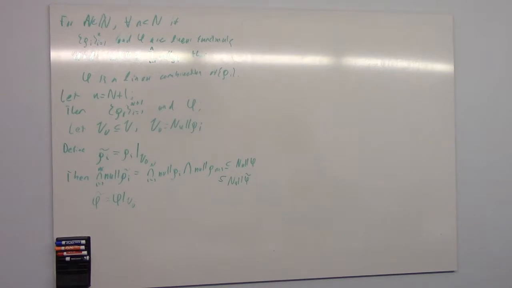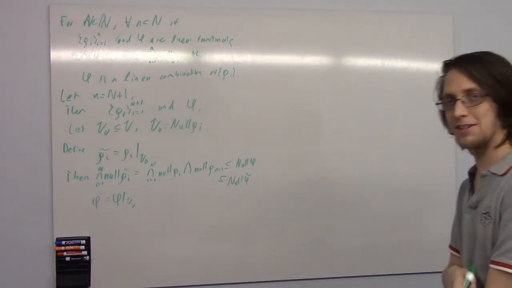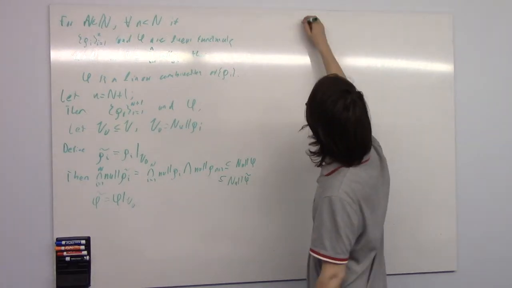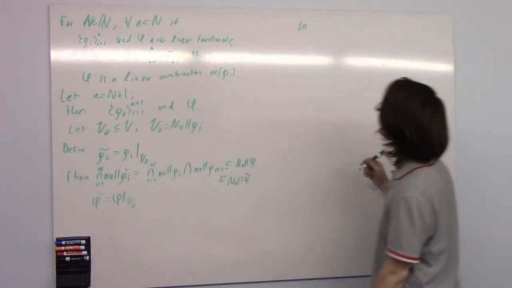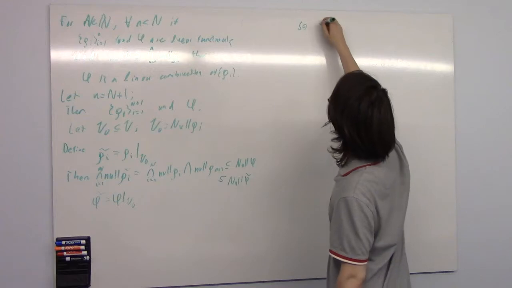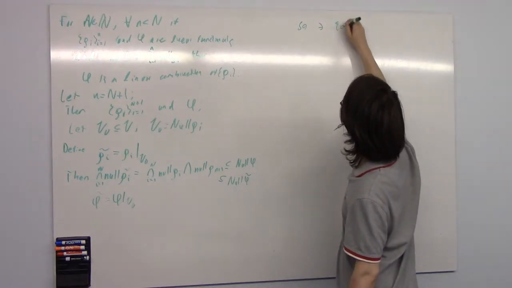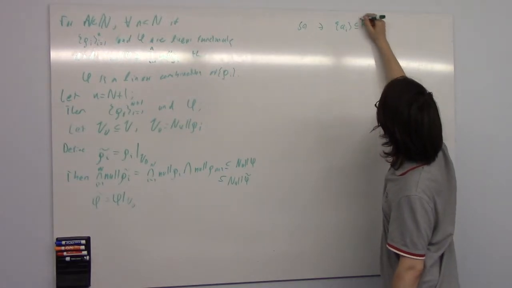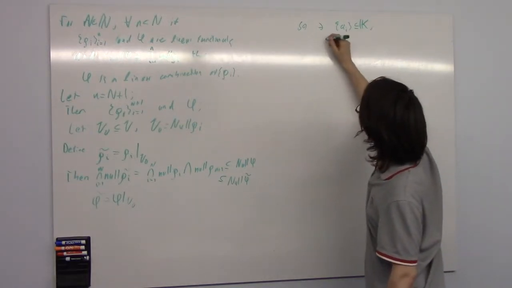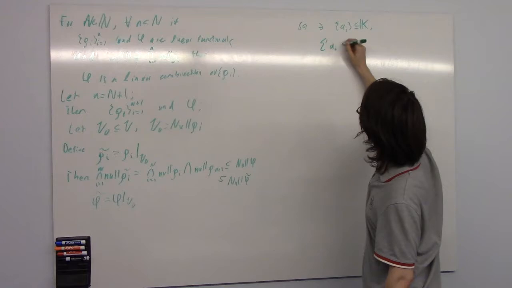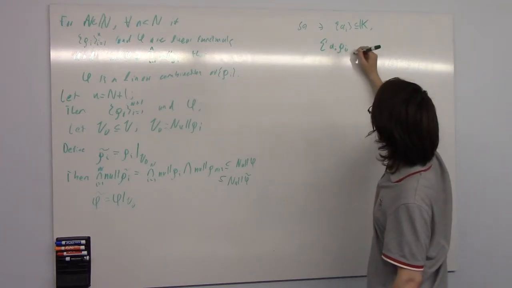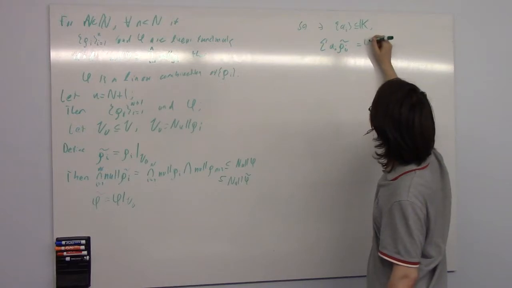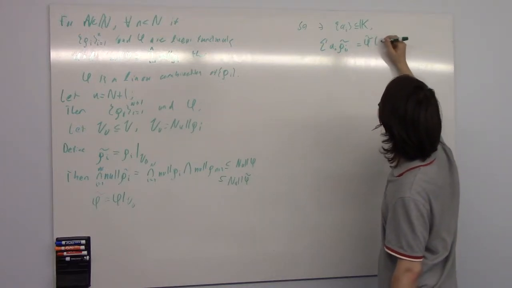Well, i equal 1 to n fits our inductive hypothesis perfectly. So we get that there exists a set a_i in K where the sum of a_i rho_i twiddle equals phi twiddle.